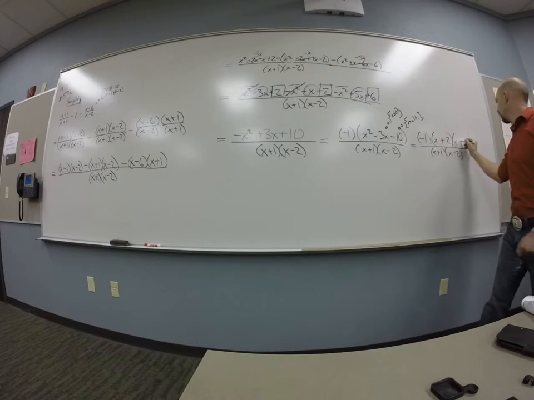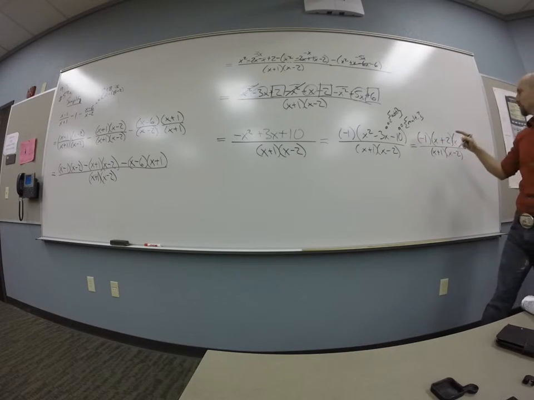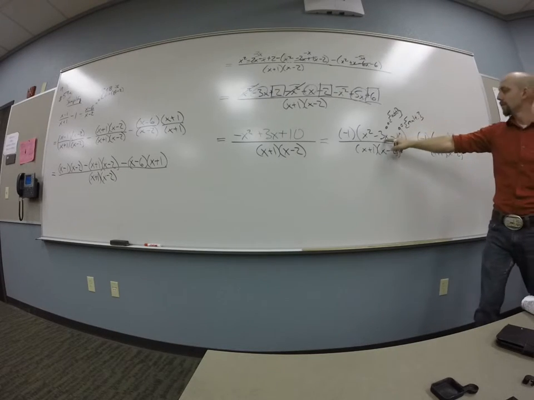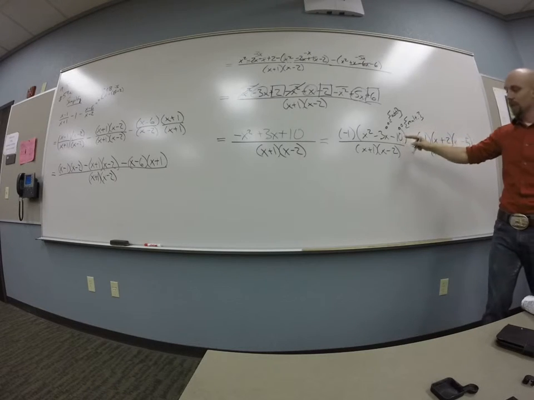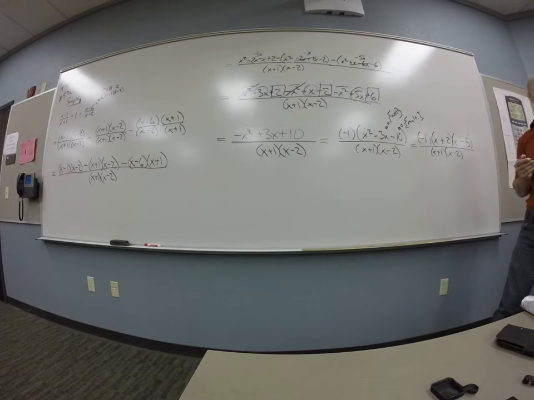Positive 2, negative 5. Okay, so 2 minus 5 is negative 3, and 2 times negative 5 is negative 10. Great. All right, so here I am. Can I cancel anything? Careful. Why or why not?